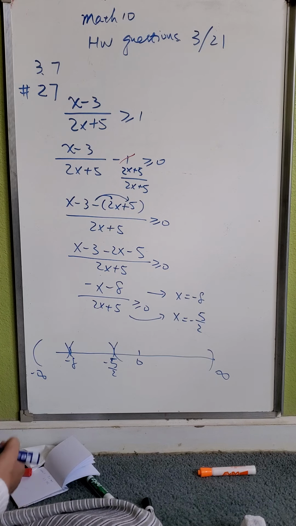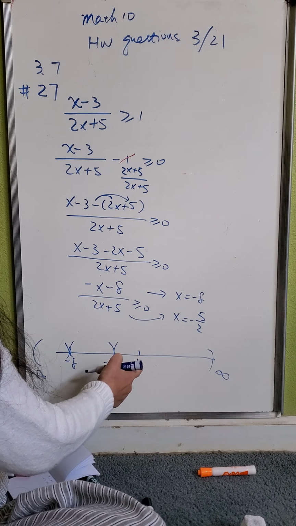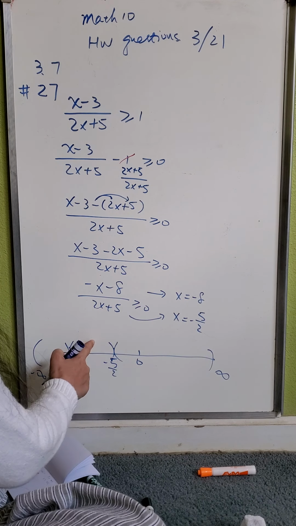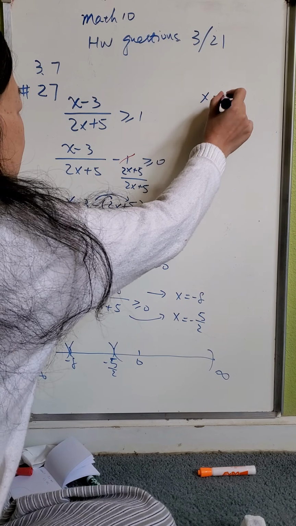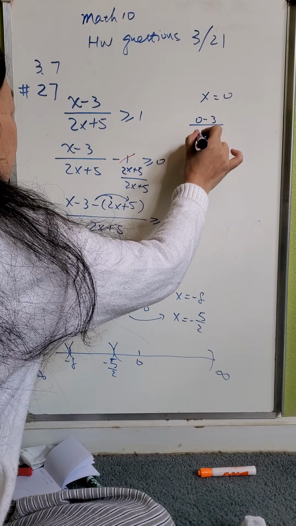Now we're going to pick a testing point, and I like to pick 0 first because it's easier. If 0 works, this will work. If 0 doesn't work, then this interval works and this doesn't. So x equals 0: we have 0 subtract 3 over 0 plus 5.